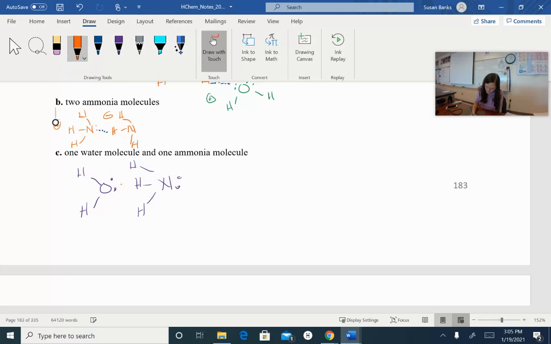And I could have a hydrogen bond going that way. Or I could do the opposite. I could have the nitrogen on an ammonia being attracted to the hydrogen end of a water.